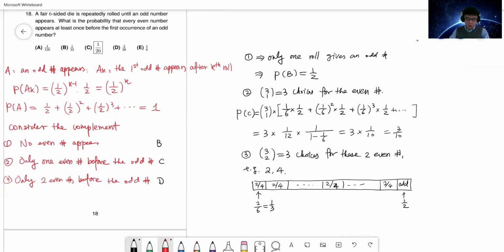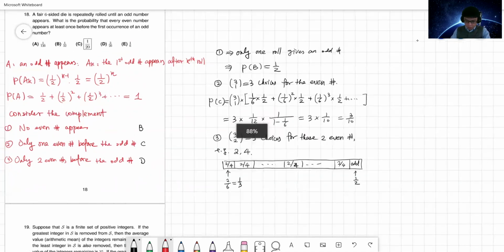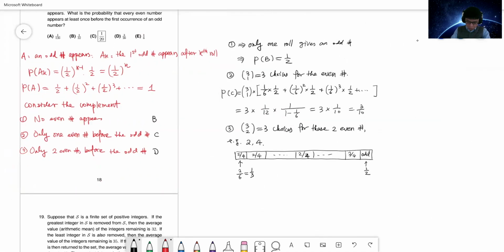Now let's just take summation over all the numbers of rolls. So the probability here is 1 over 3.